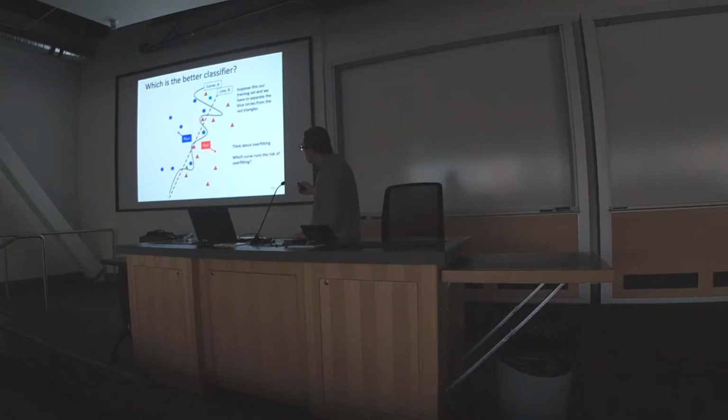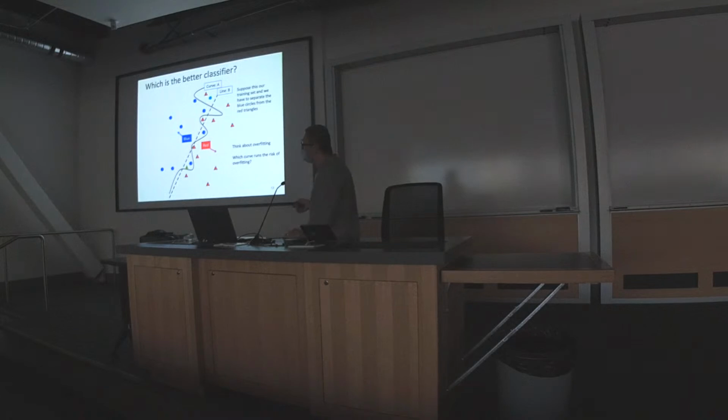For example, imagine that this red triangle here is supposed to be a blue circle, a negative example. But due to some noises, it was corrupted, and the label was flipped to the red triangle. That's why the curve here has such a large curvature.